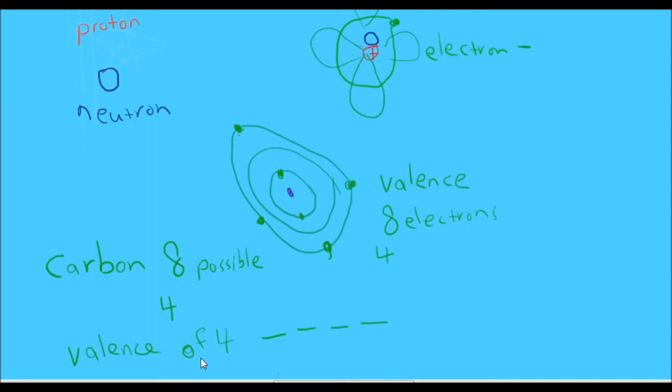Now let's look at how some of these bonds work. So let's say we've got our carbon atom, and in its innermost shell, the first shell, it's got 2 electrons. Then in the next shell, carbon, as we said, can hold up to 8. However, normally it only has 1, 2, 3, 4.